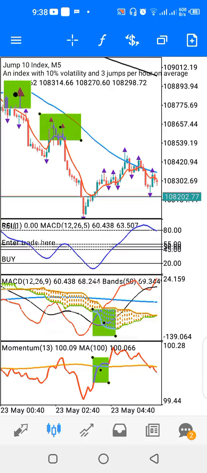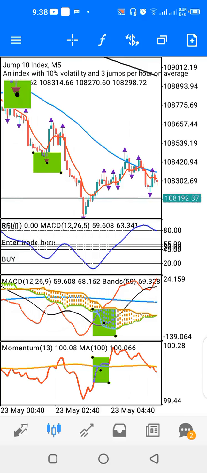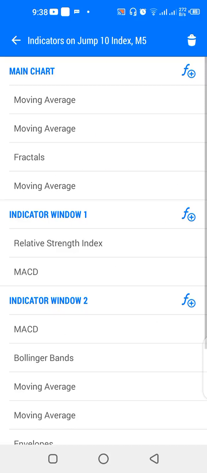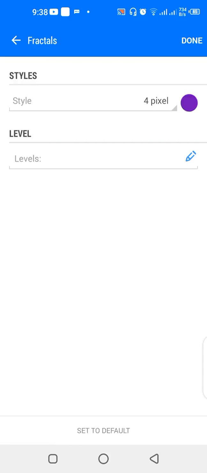That means price has touched the resistance area. Now, if you have a fractal arrow pointing downwards, that means price has touched the support area. Of course, when price touches the resistance area, it will go down. And when price touches the support area, it will go up. So that's the essence of fractals. Okay. And the color is purple. The style is 4 pixel.